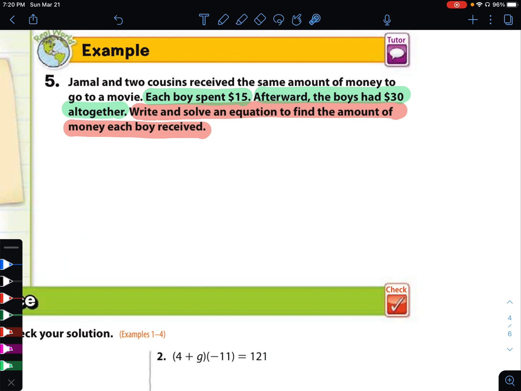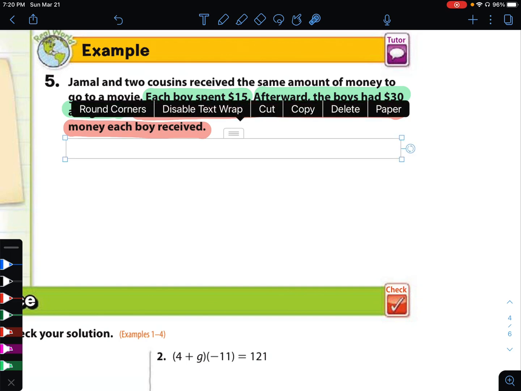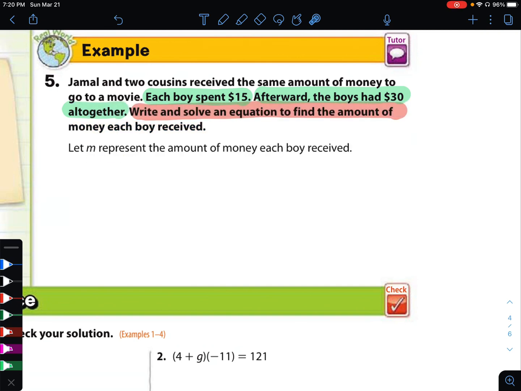So what are we trying to look for? We are trying to find the amount of money each boy received. So that will be our let statement, and that's how we are going to define our variable. Let M represent the amount of money each boy received, because that's what we are looking for.